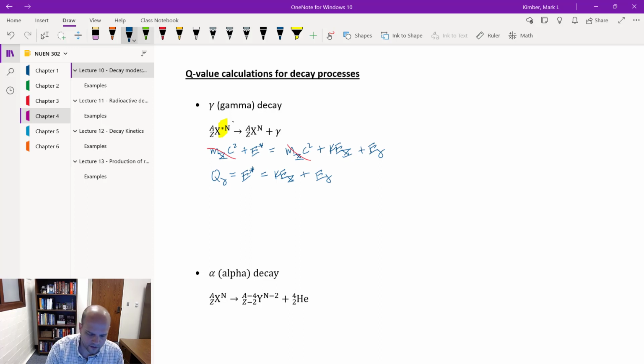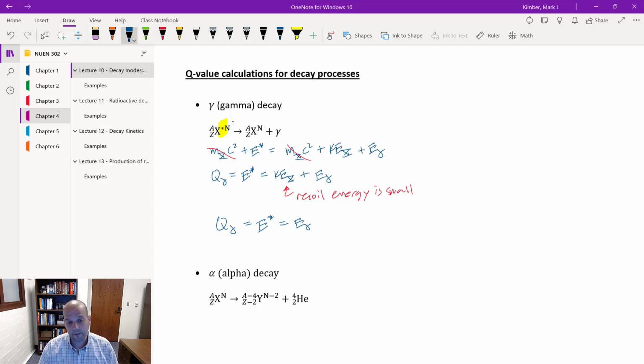And this energy of the daughter product is called the recoil energy. You can think of it as I eject this gamma particle, then I'm going to recoil some with this bigger mass. But the recoil energy is usually pretty small. And so we oftentimes neglect that, so my Q for the gamma is just equal to the extra energy that I had there, which also equals the energy of the gamma ray.